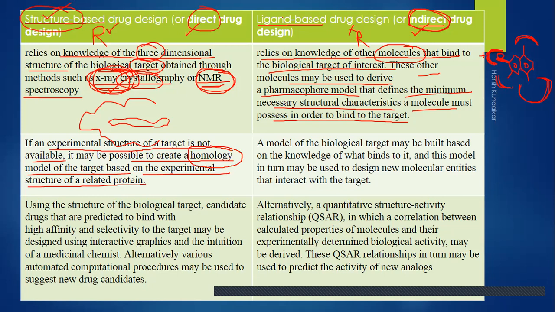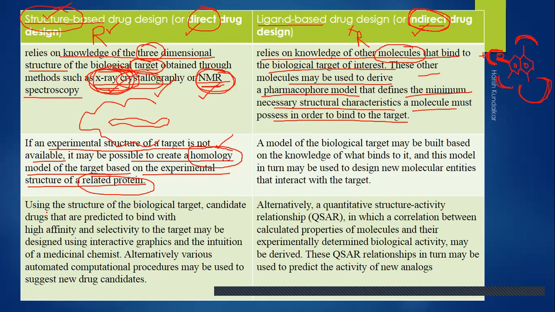Suppose we do not have the X-ray crystal structure or the NMR structure of the given protein, then we can create a homology model of the given protein on the basis of closely structurally related proteins. So that is homology modeling.